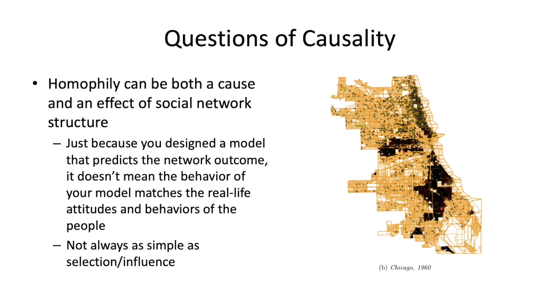If you look at these ideas of homophily, remember we have selection and influence, and that means if you observe segregation in a network, it could be because of selection. That is, what they're looking at when they're doing the little red dots and blue dots.